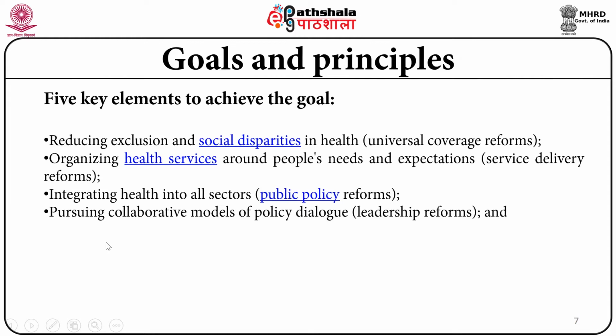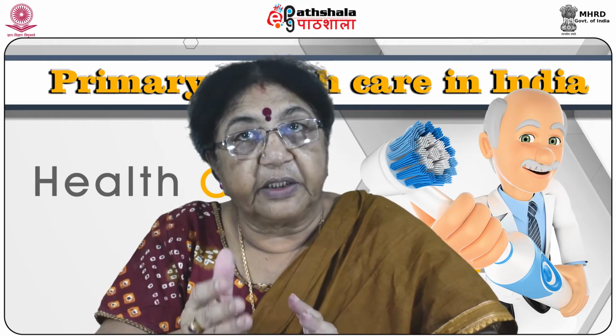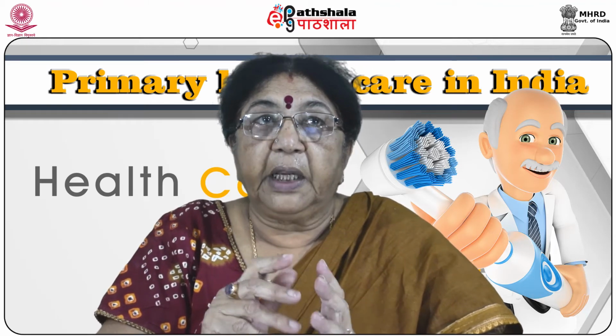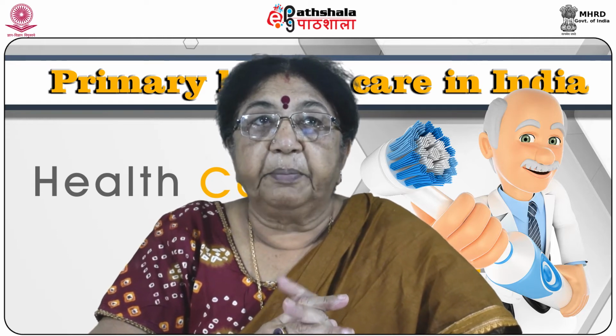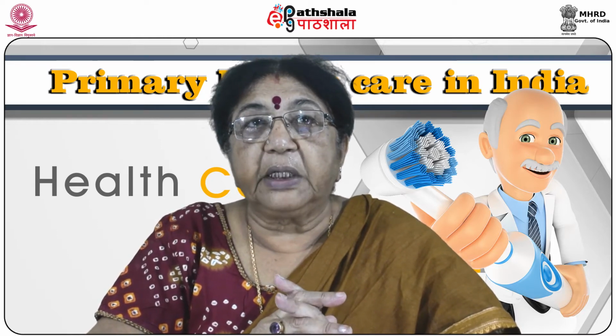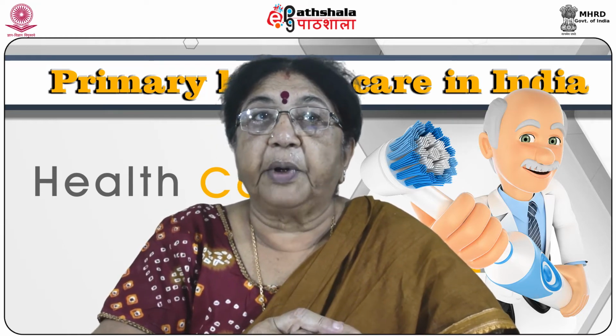Now, what are the five key elements to achieve the goal of primary healthcare? This is reducing exclusion and social disparities in health, that is universal coverage reforms; organizing health services around people's needs and expectations, that is service delivery reforms; integrating health into all sectors of public policy; pursuing collaborative models of policy dialogue, that is the leadership reform; and increasing stakeholder participation.